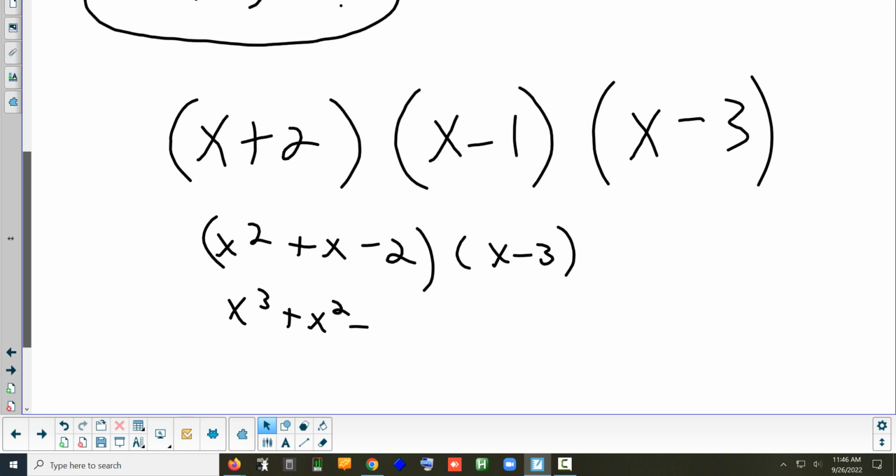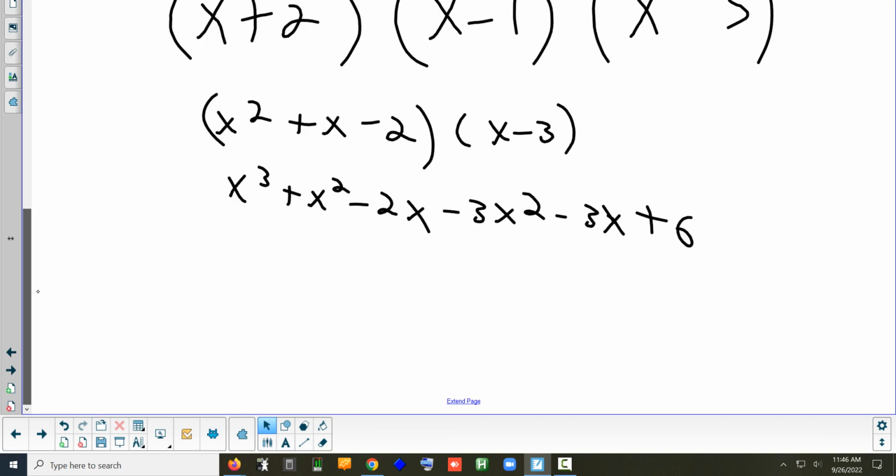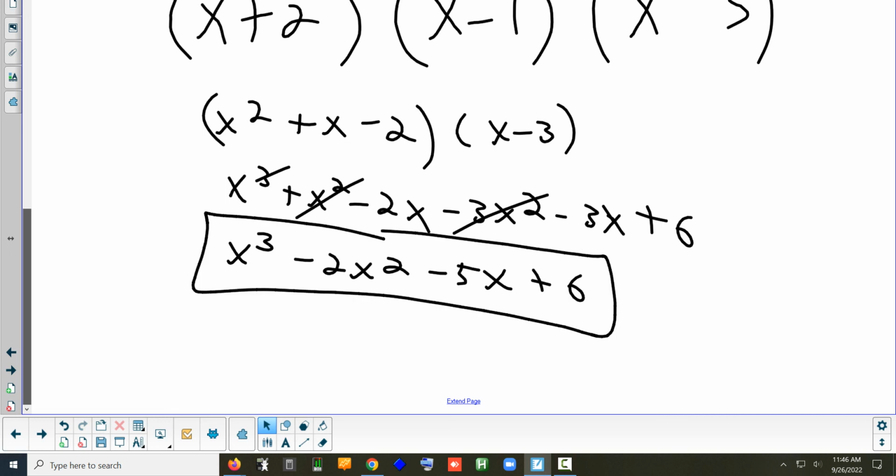X cubed, x squared minus 2x minus 3x squared minus 3x plus x. So let's see. X cubed, x squared minus 3x squared, minus 2x minus 3x plus 6.